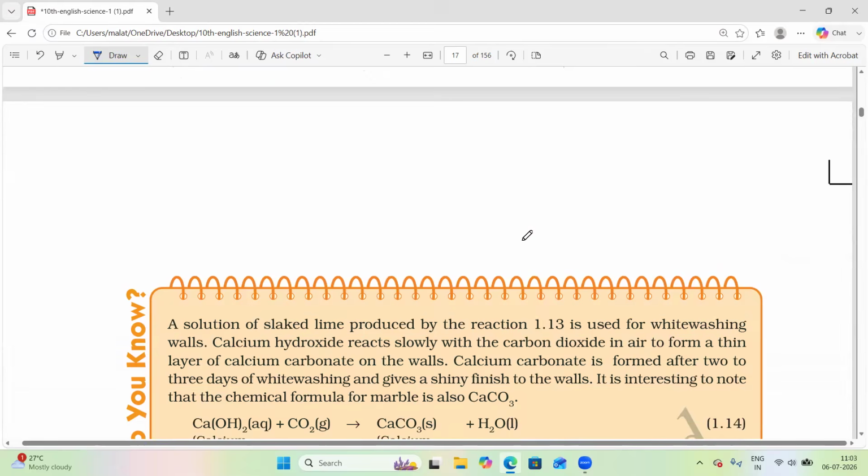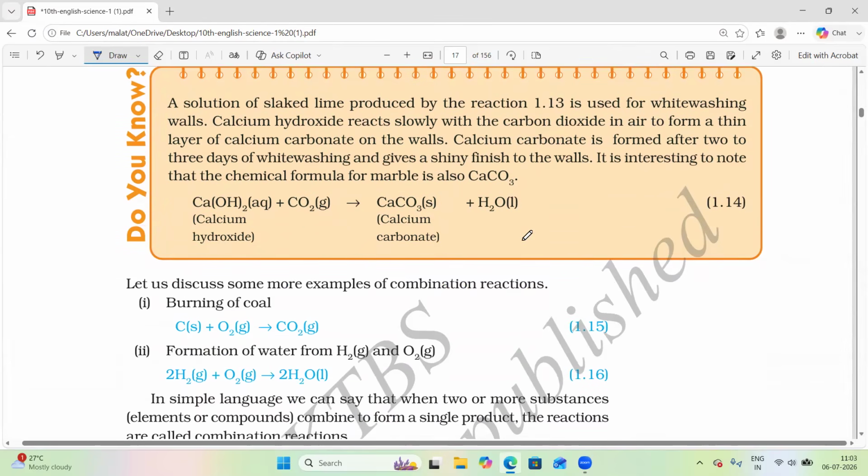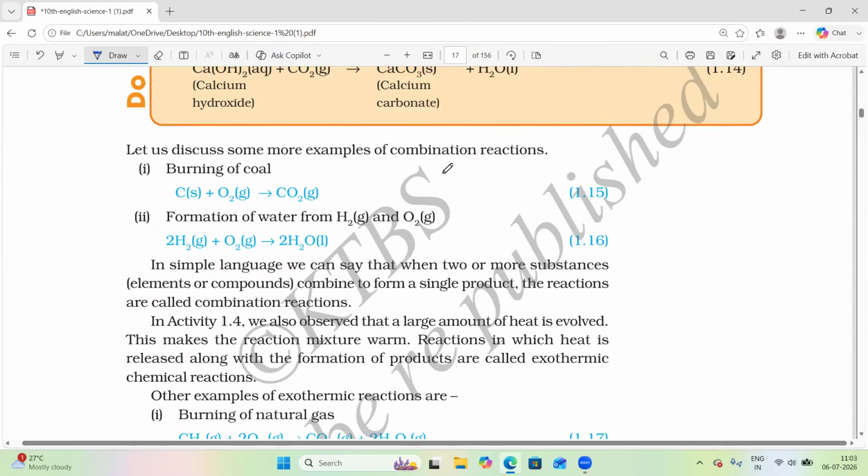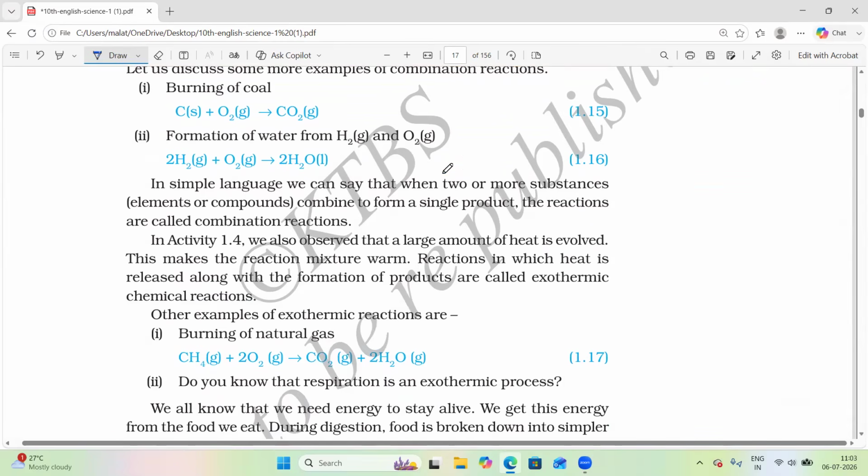Now, what is meant by combination reaction is, when two or more reactants combine to form a single product, that is called a combination reaction. In this combination reaction, sometimes it will be an exothermic reaction. What is exothermic?